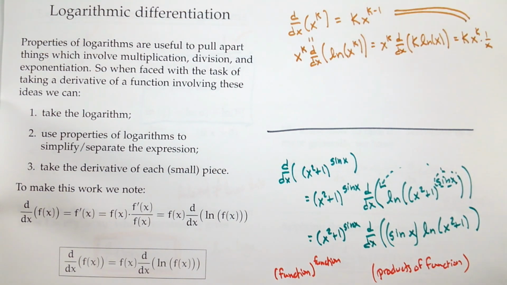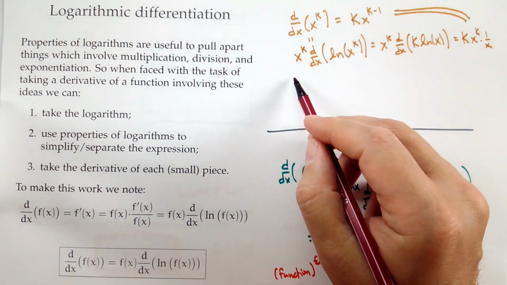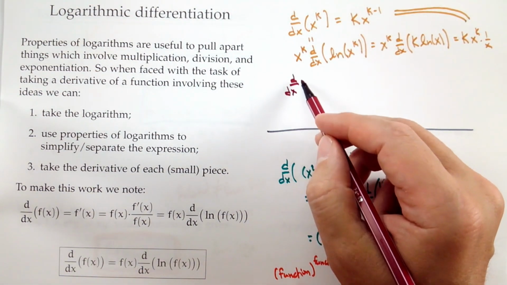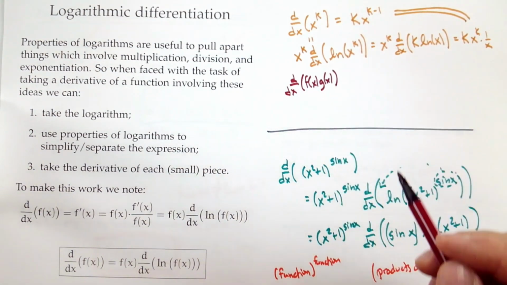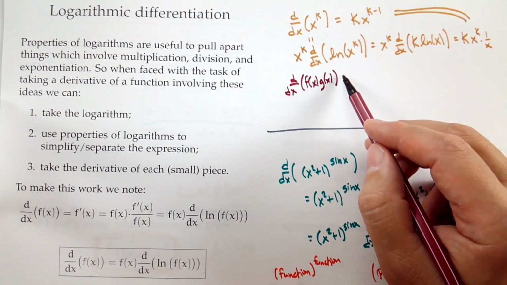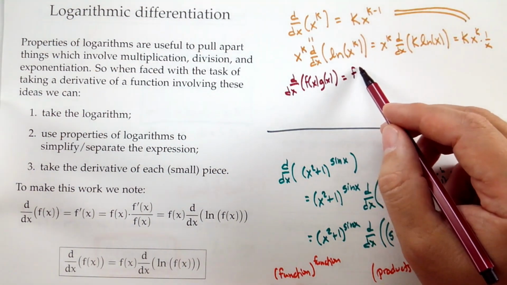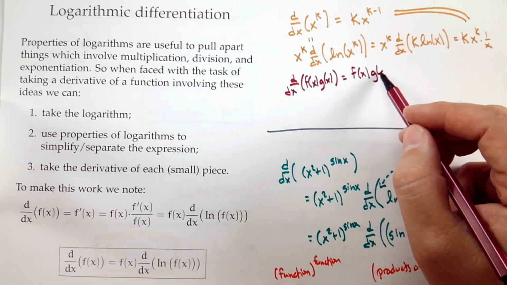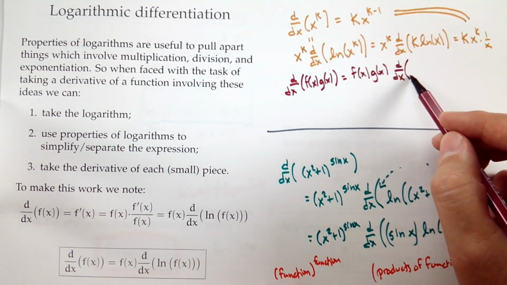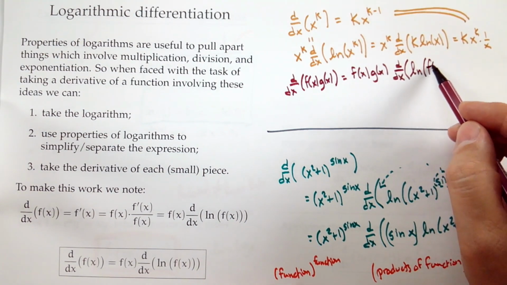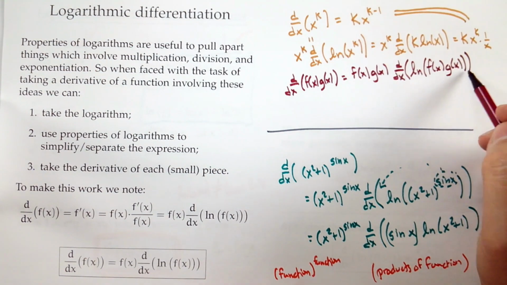Now, can we do anything else? Yeah, we can. Now, watch this. Suppose I want to find the derivative of f of x times g of x. This is the product rule. Well, okay, so according to logarithmic differentiation, you just write down what's on the inside of the derivative, so that's f of x, g of x, times the derivative of the natural log of f of x times g of x. Okay, so far so good.